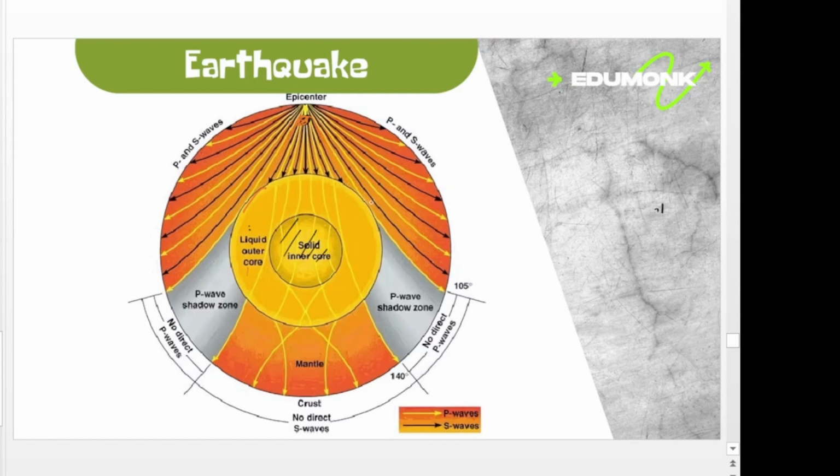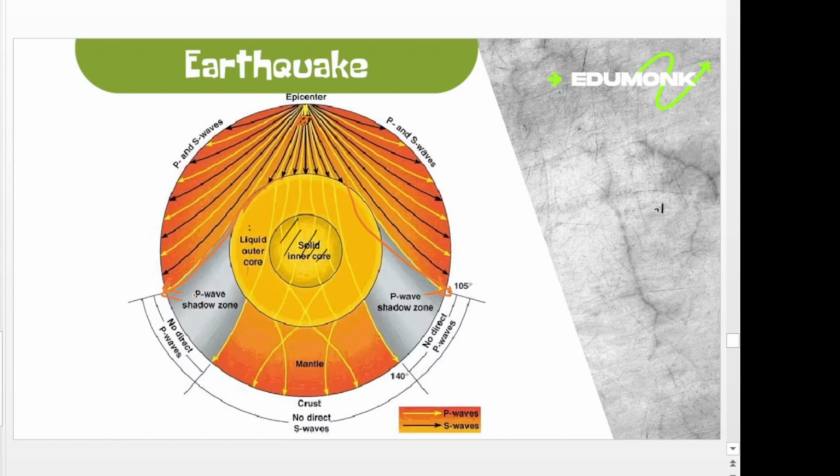P waves only pass through the liquid medium. So the S waves move from different directions, but they will not enter the liquid core. P waves pass through it and come to the other side. The S waves only move in their own direction.